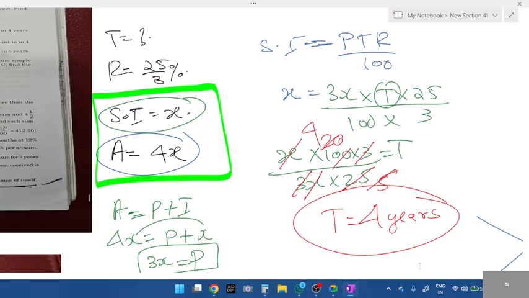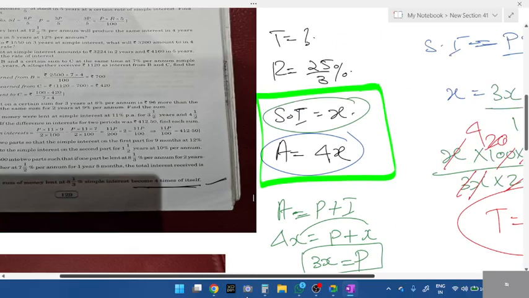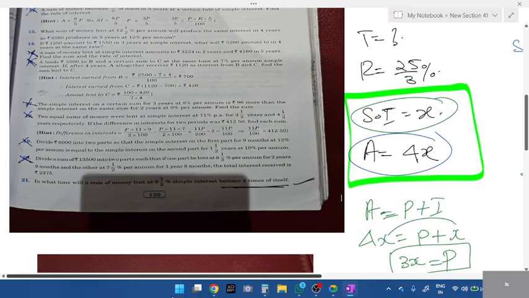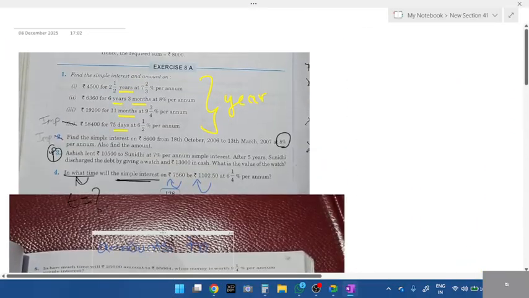What's the answer? 36 years. Look at the 21st question. Exercise 8A, 21.